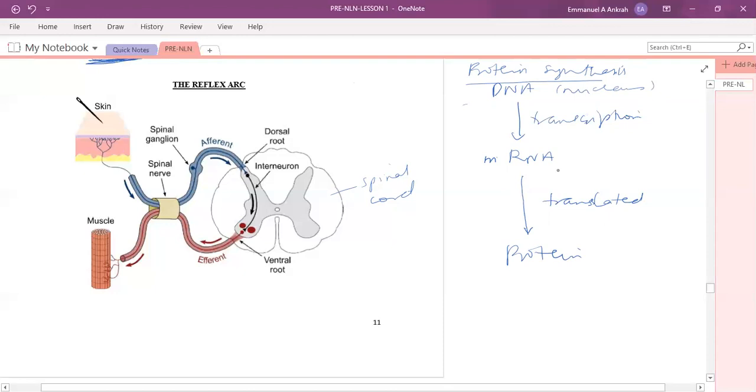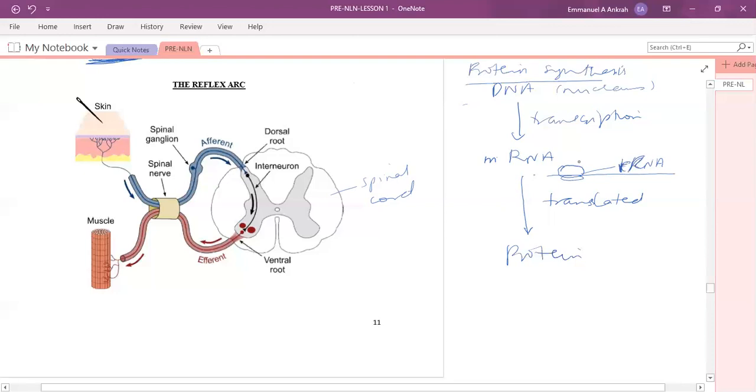Now, once the mRNA is produced, you have other structures called tRNA. So this is the strand. The ribosome does the reading. The ribosome that does the reading is called, no, this is R, sorry. It's rRNA. That reads the code.